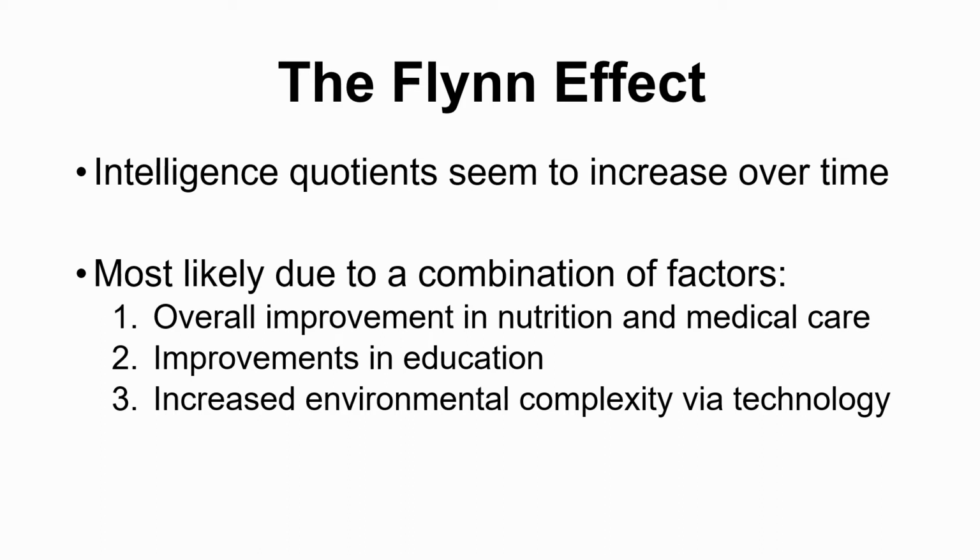Those tests are designed so that at the time that they're released, everyone who takes that test should follow that average distribution in the population. So the tests are designed such that a normal population will have a predictable distribution. And this is one of those concepts that might actually be easier if I draw it out for us at the bottom here.